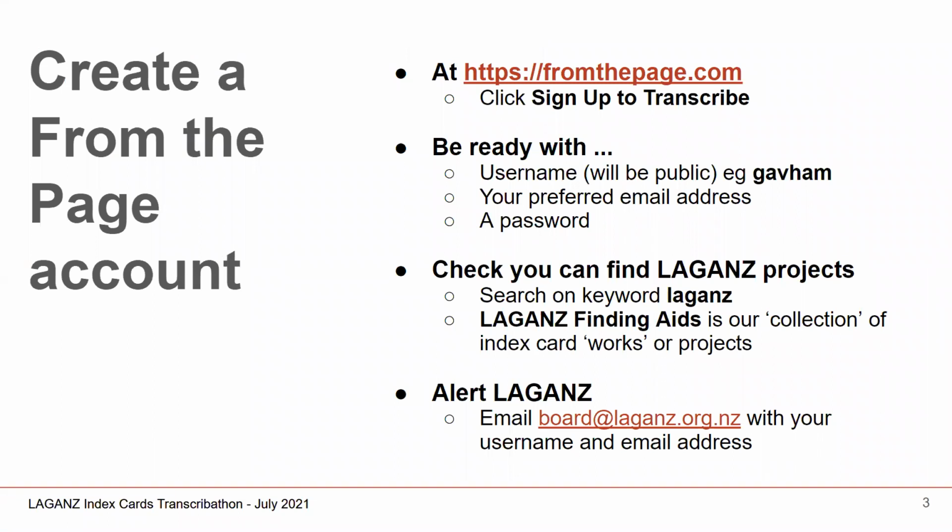It'd be great if you could send us the details of your username that you're using on From the Page and the email address that's associated with your account. That will just help us track the work that you're doing, and will make it easy for us to reach out to you if you have any queries or if we've got any queries about your involvement in the project.